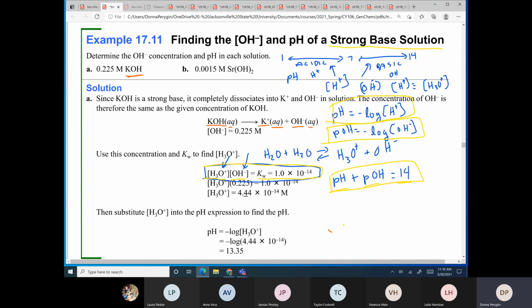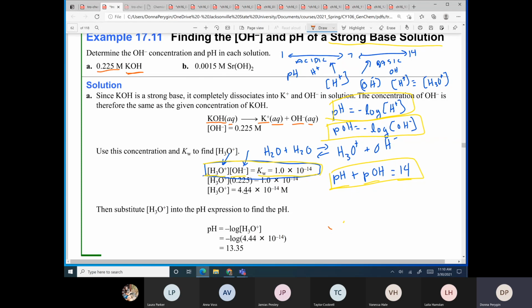Okay, and we were told that the molar concentration for this species is 0.225 molar for potassium hydroxide. So if we write the balanced equation for the dissociation of potassium hydroxide, we learn that 1 mole of potassium hydroxide dissociates into 1 mole of K plus ions and 1 mole of OH minus ions, okay?